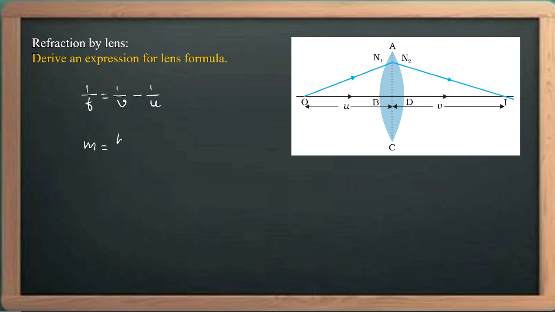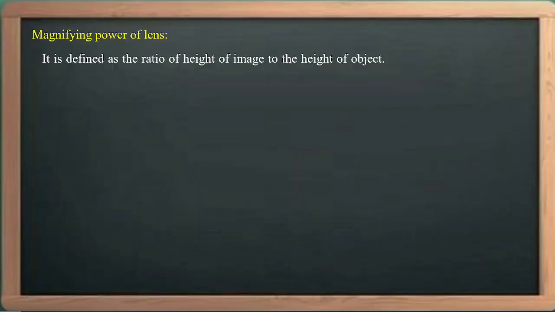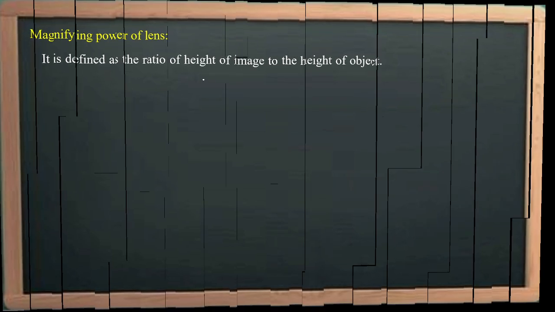That is h image divided by h object is equal to v divided by u, minus will not come. Next we have the magnifying power of lens. Just now I have written it, h image divided by h object is equal to image distance by object distance.